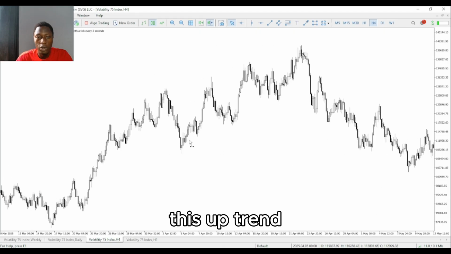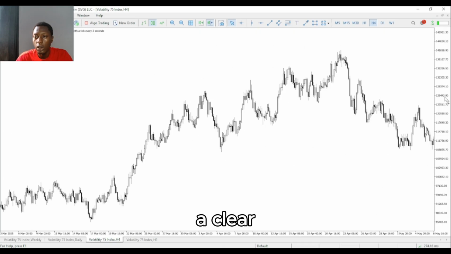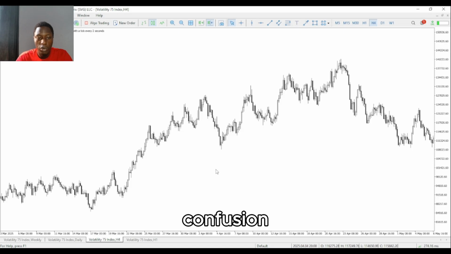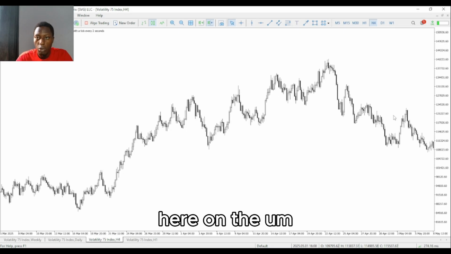So now let's look at this uptrend. Let's draw a clear trend line without confusion here on the H4. So this is how I would draw my trend line.